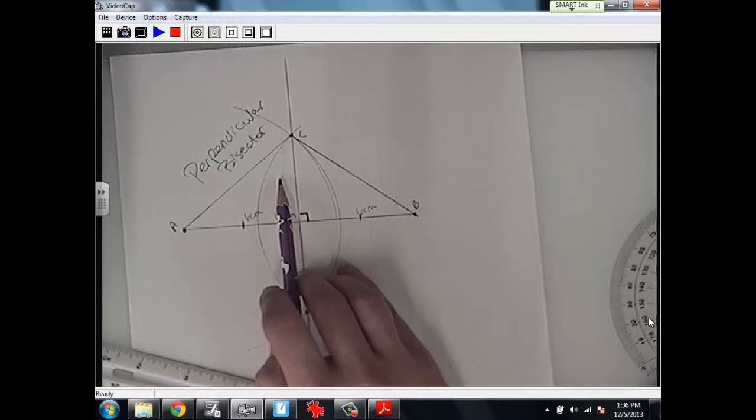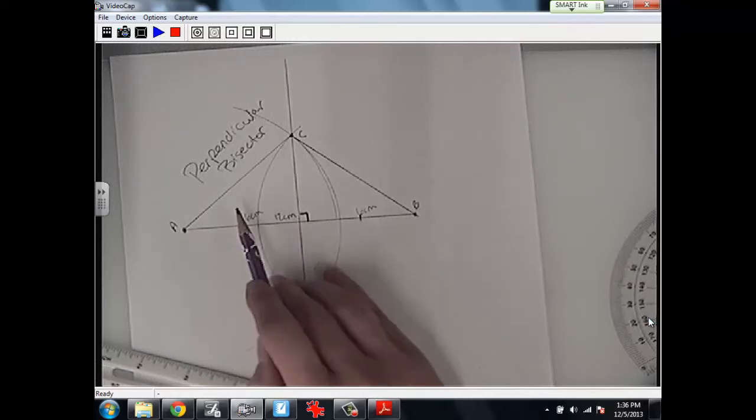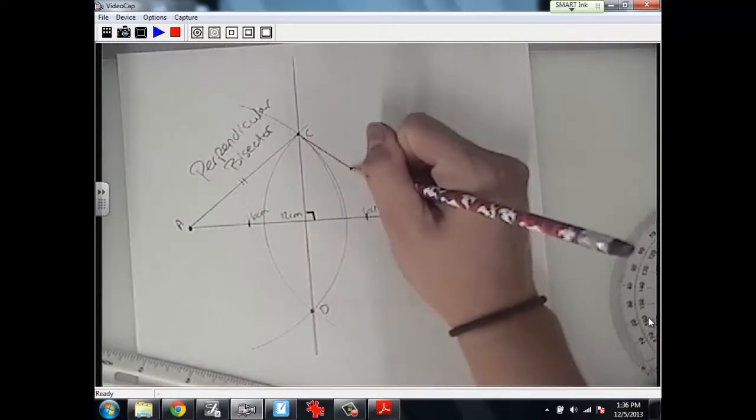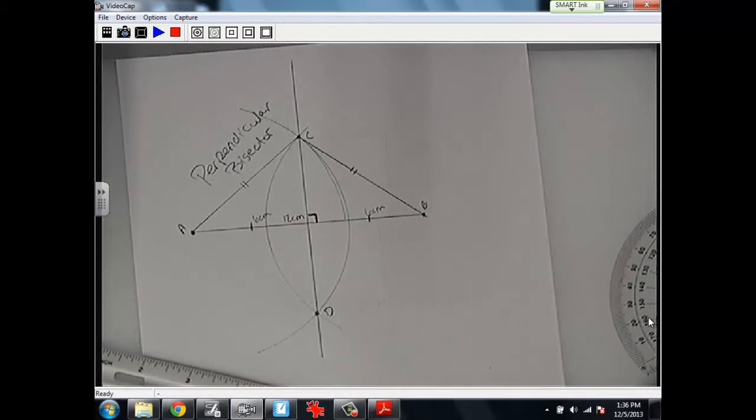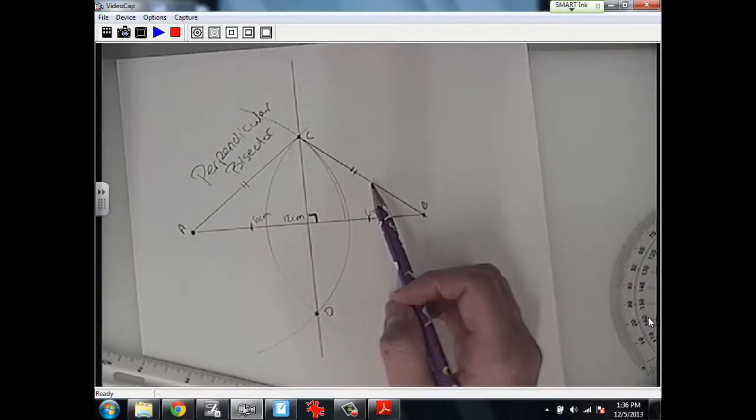Why neither? They should be exactly the same, says John. Exactly. If this is truly my perpendicular bisector, then this part and this part are equal to each other.